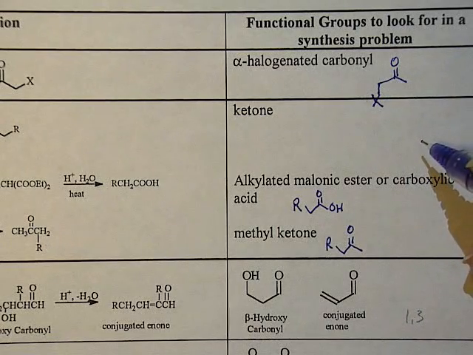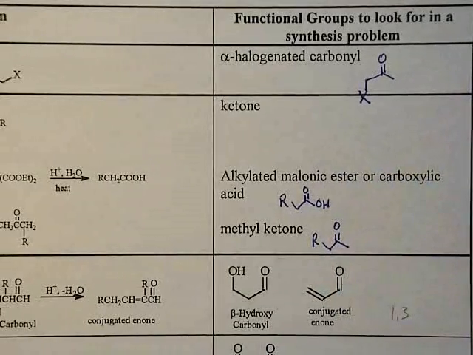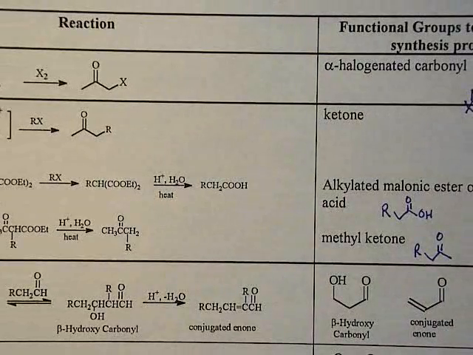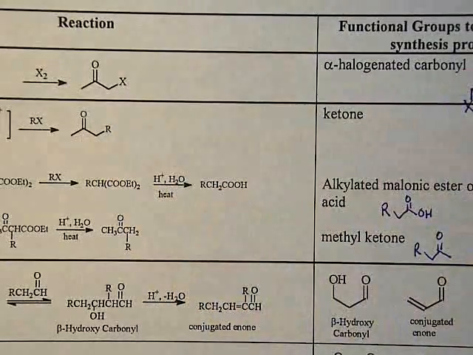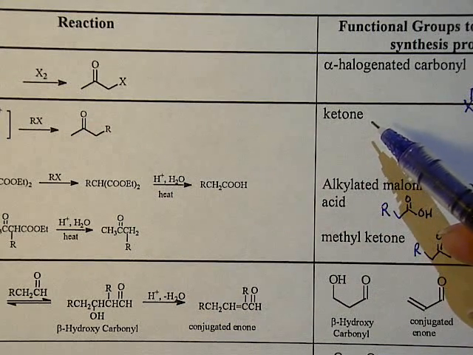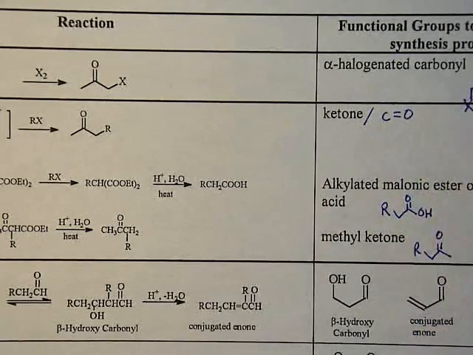Then in the other products, notice when you're doing an alkylation reaction, what you really see is just the ketone or aldehyde or some kind of carbonyl group is all you see in this.